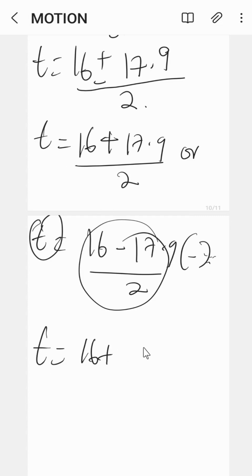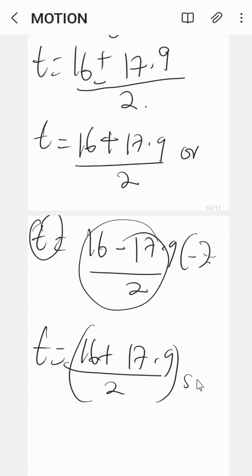So you have 16 plus 17.9 over 2. Put this in brackets, this will give you seconds, right? So t is equal to 16 plus 17.9, 33.9 divided by 2. That will give you 16.95 seconds, right?